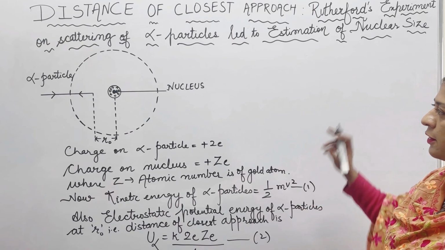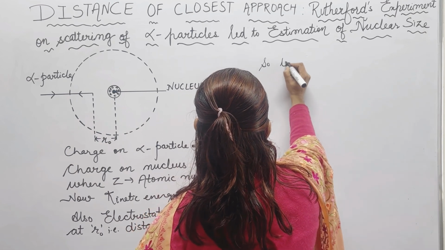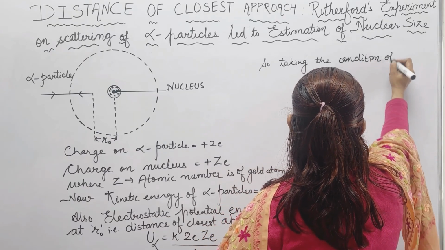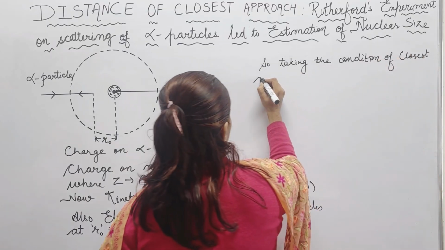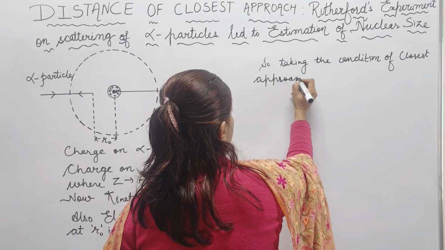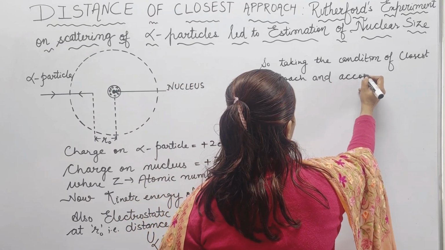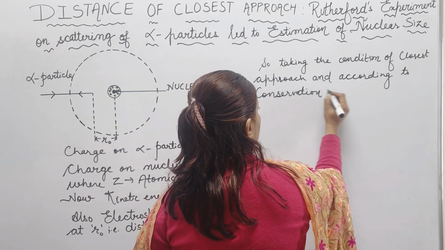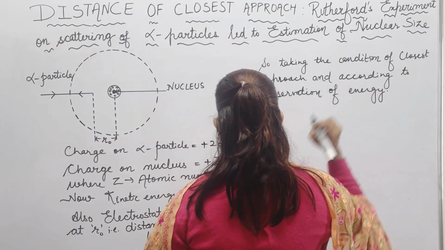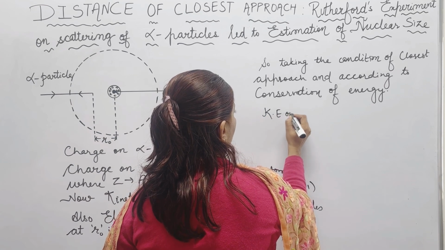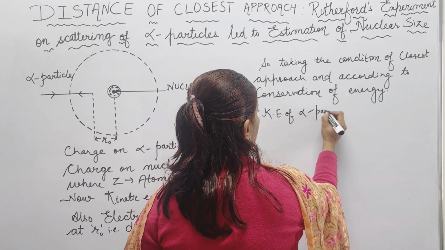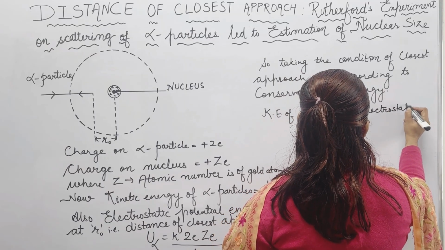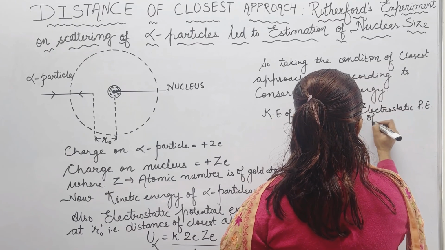So, according to conservation of energy, kinetic energy of alpha particles is equal to electrostatic potential energy of alpha particles.